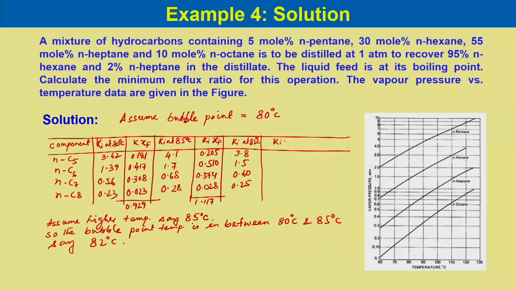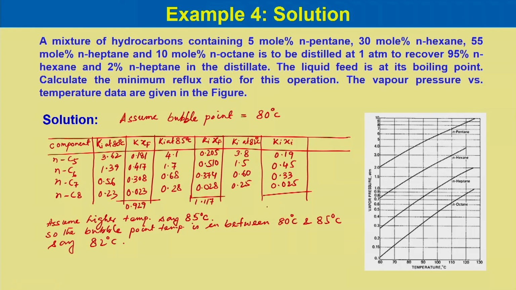Now, Ki xi would be 0.19, 0.45, 0.33 and 0.025.